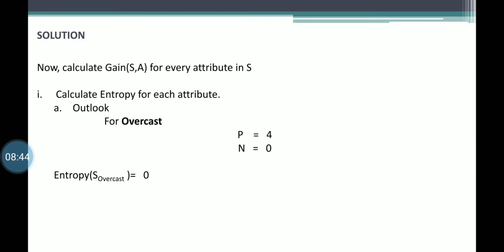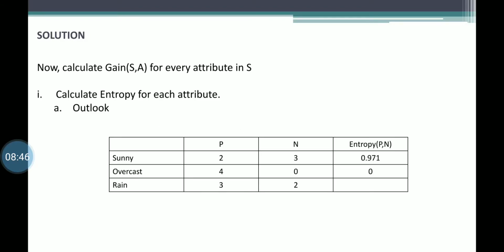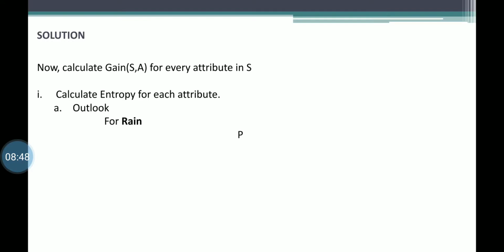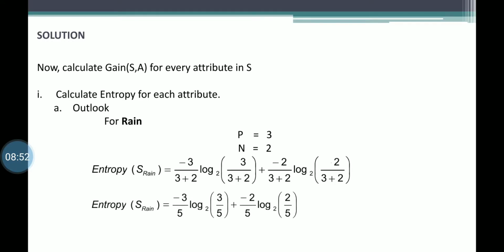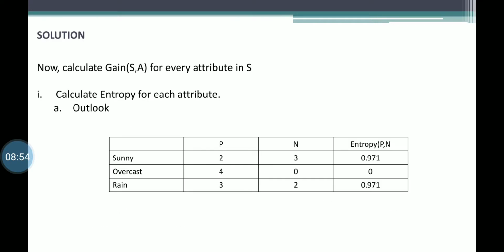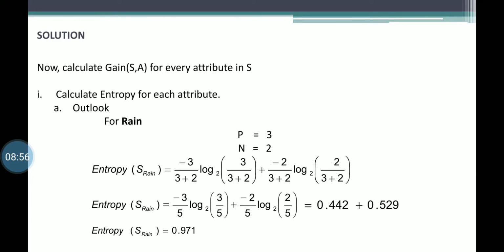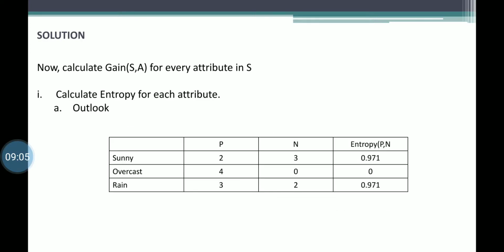Then again, directly 0. Then the third one, even though it is flipped, you can write the statement, substitute and write the final value. You can see here 0.442 plus 0.529 is there. In sunny, you will get 0.529 plus 0.442. Same values you can take here and write it as 0.971.